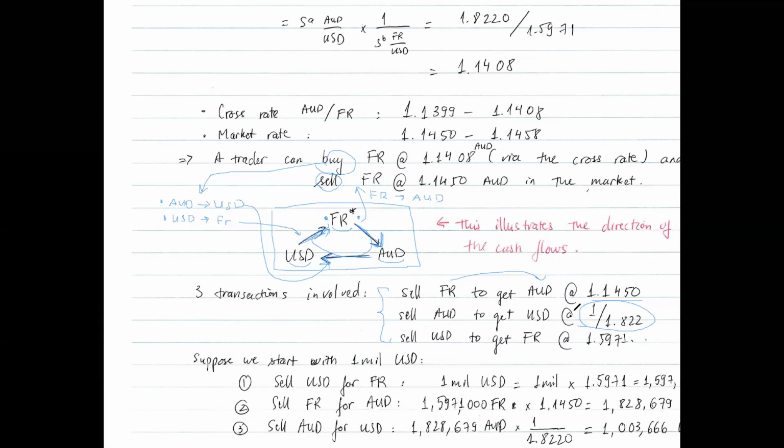This is the reciprocal. Sorry, I'm talking about selling and buying Australian dollars here, but it's not that important for now. My third transaction is I'm going to sell the USD to acquire the franc at 1.5971, which is to the first bank.